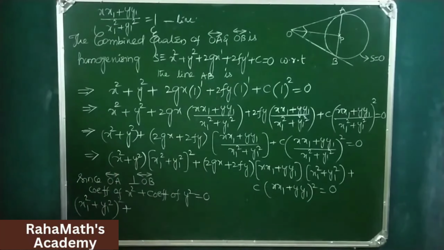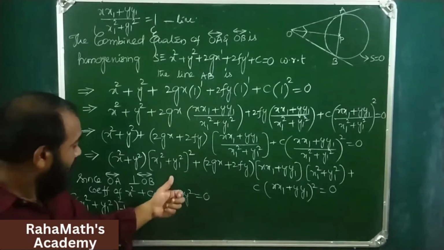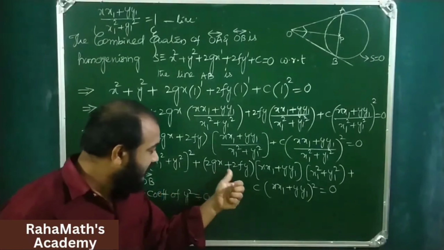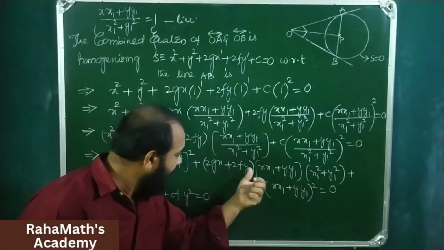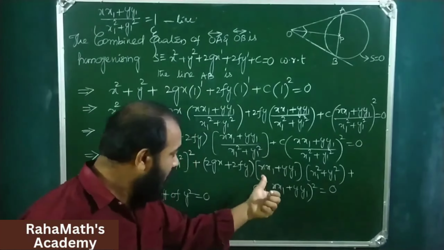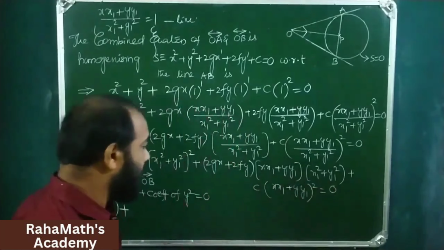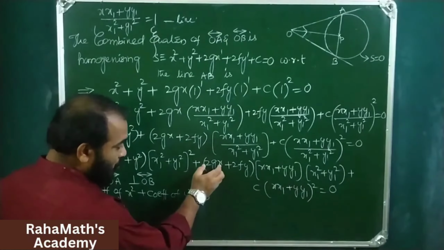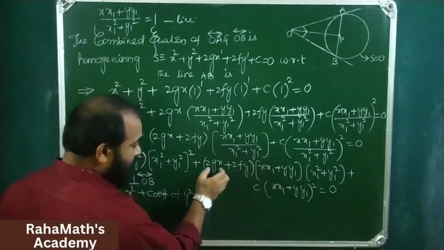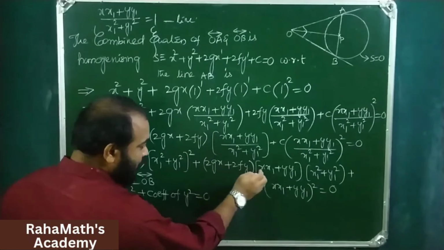Let us write the coefficient of x square first, plus here 2gx into x, 2gx square into x1 into this. Okay, because 2gx into xx1, 2gx into x square.